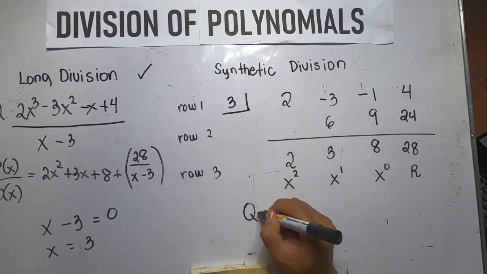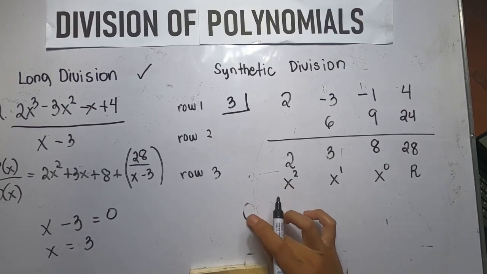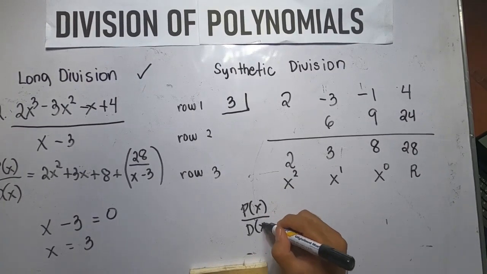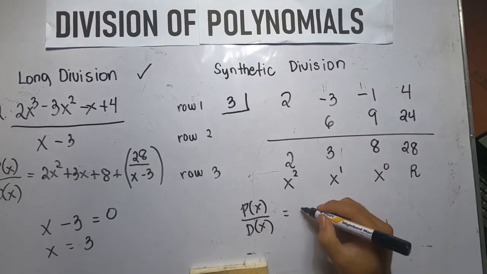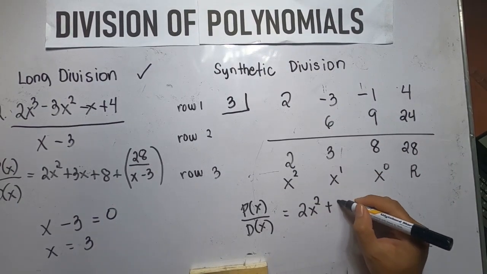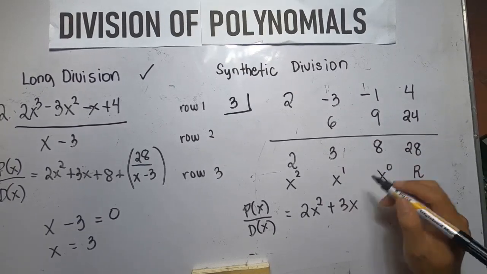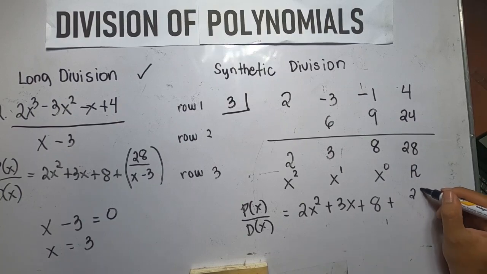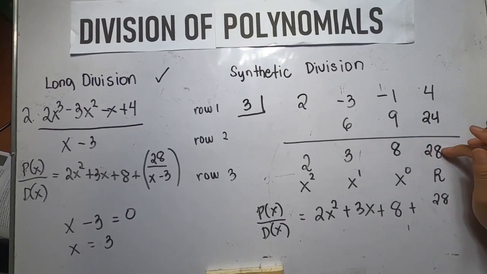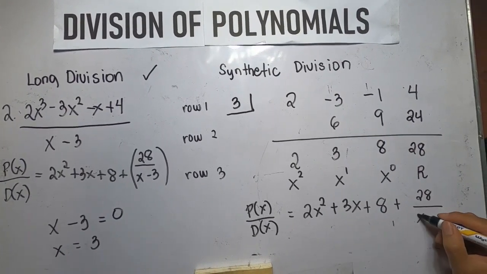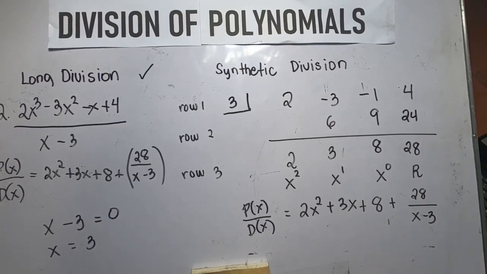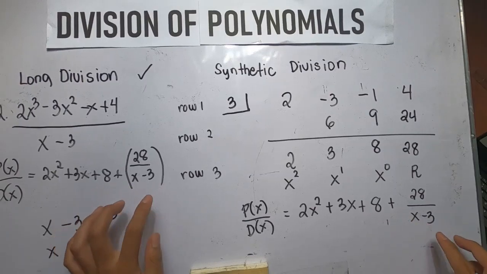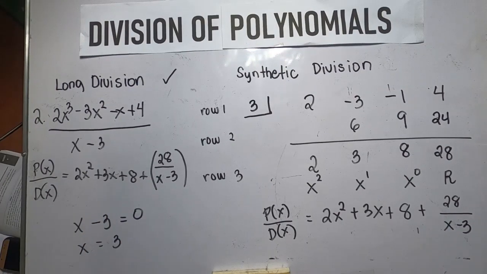Therefore, we have now the quotient of p of x and d of x as 2x squared plus 3x plus 8 plus a remainder of 28 expressed as 28 over x minus 3. So as you notice, they are just the same. Either of the methods can be used.